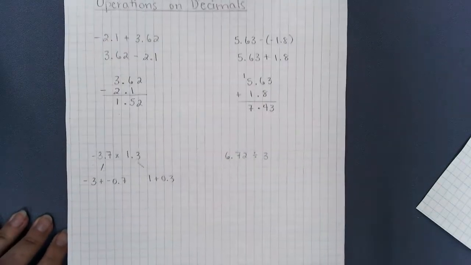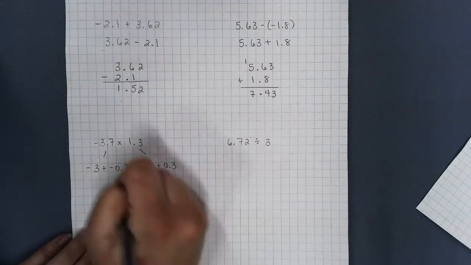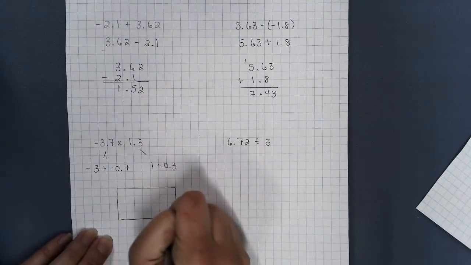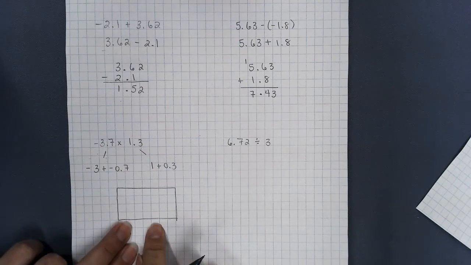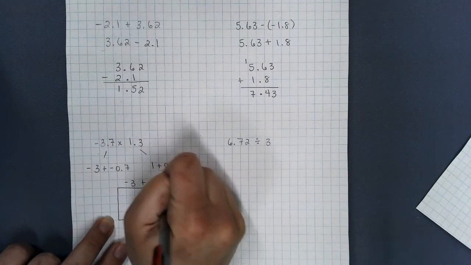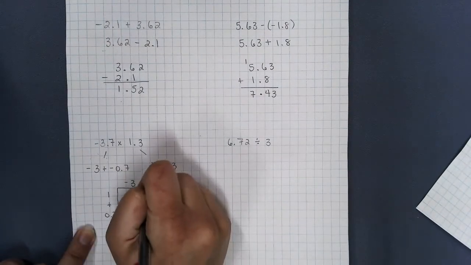And now that I have that, I can draw my distributive property box here. You can also choose to use lattice if that's something that works for you. This is just my favorite method, so I prefer to use it. Negative 3 plus negative 7 tenths, and 1 plus 3 tenths.